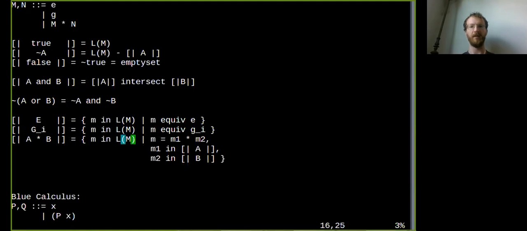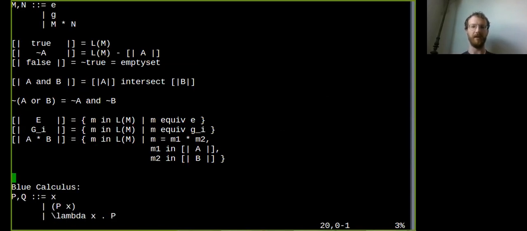So we're going to pick out all of the things in our language that decompose into two parts, we'll call them M1 and M2 for now, where the first part is in our first set, the set meaning of A, and the second part is in our second set, meaning of B. So you can see that we really haven't done anything fancy on the right-hand sides here; this right-hand side stuff is just logically following from our language.